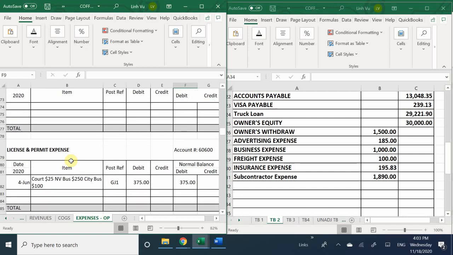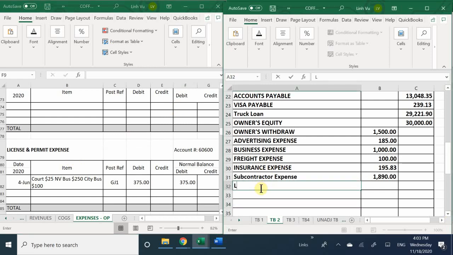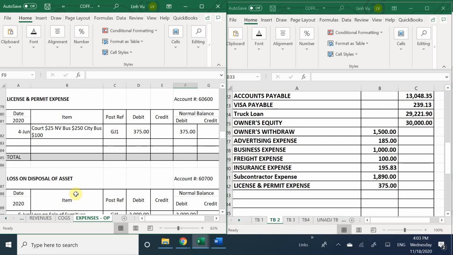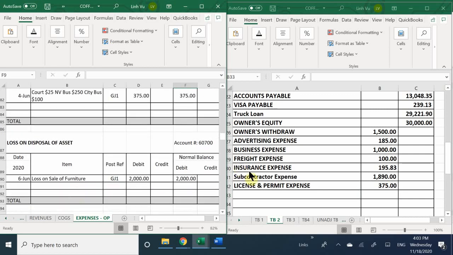So the next one is, did we have license and permit expense? Yes, ma'am, we did. License and permit expense for $375. All right. Next, we have here loss on disposal of assets.